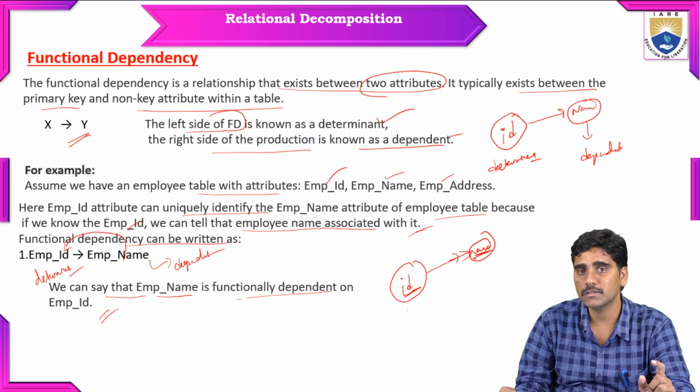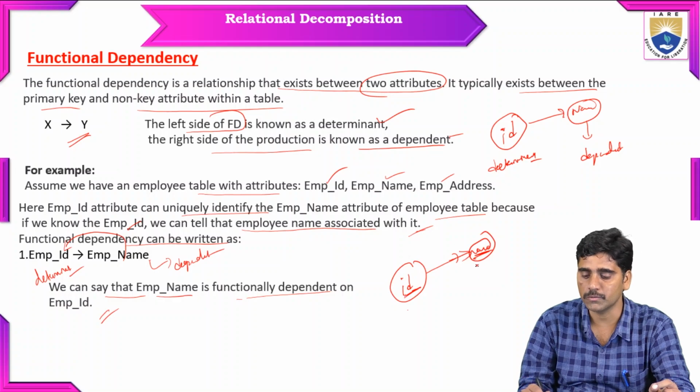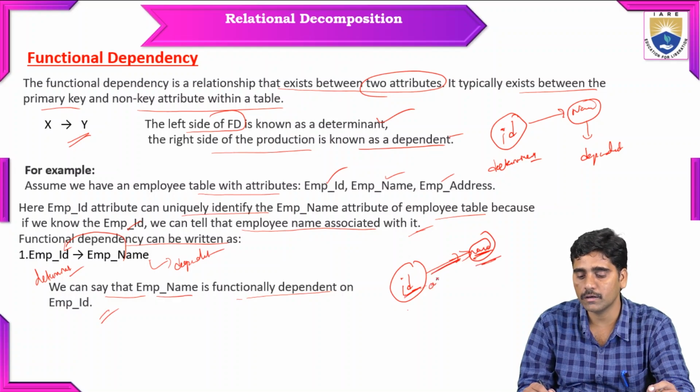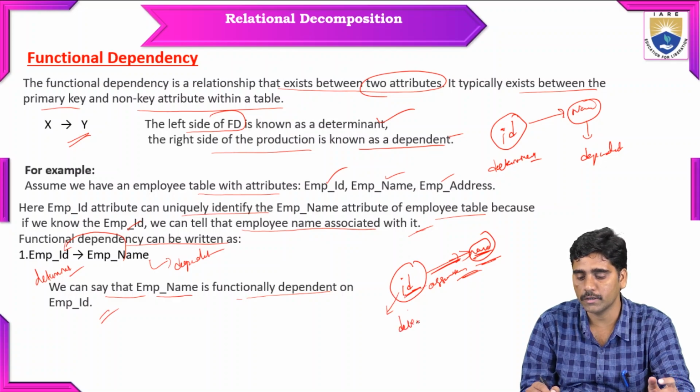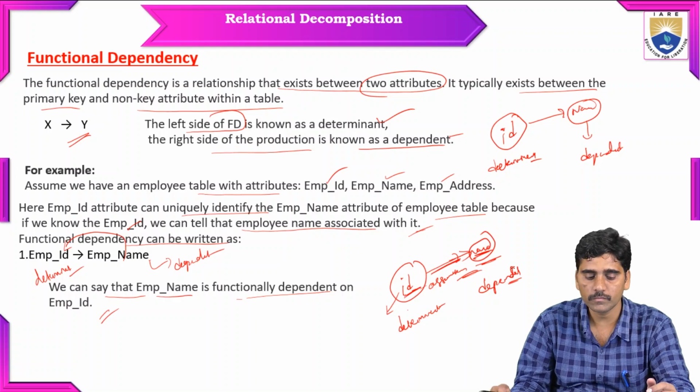Functional dependency is nothing but a relationship that exists between two attributes, like ID and name. The left hand side is treated as the determinant, and the right side is treated as the dependent.